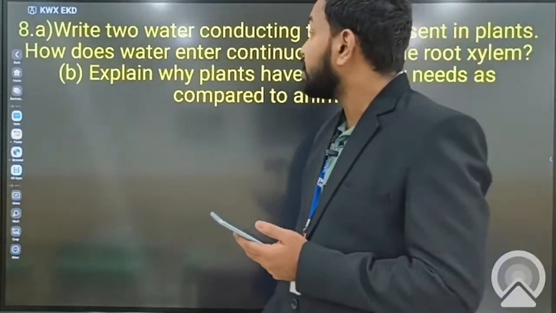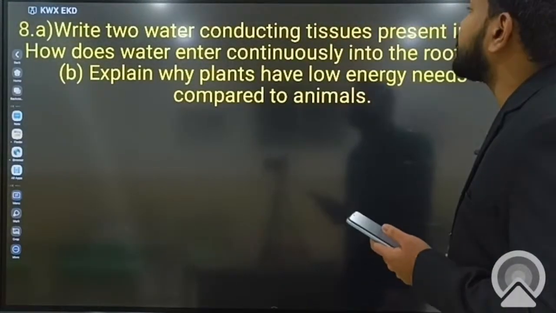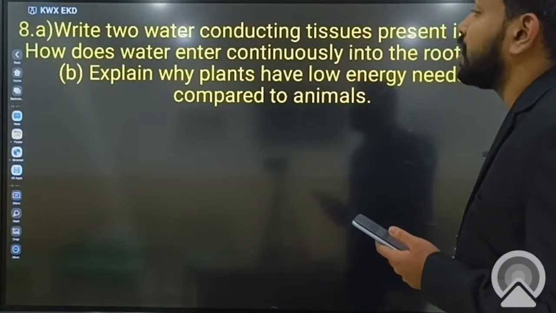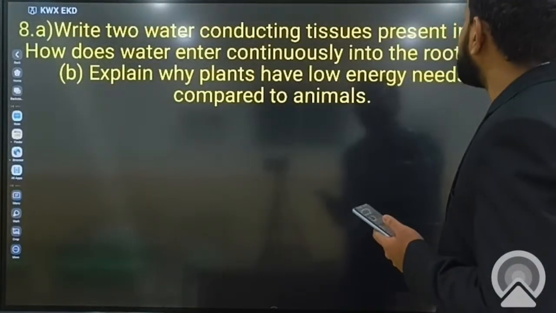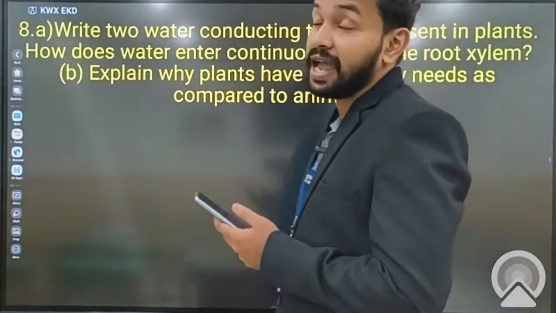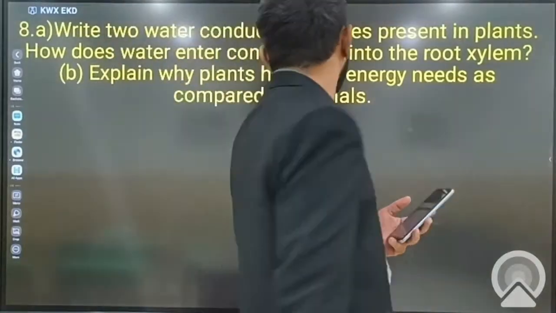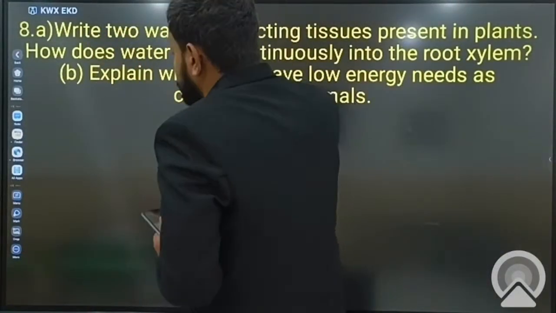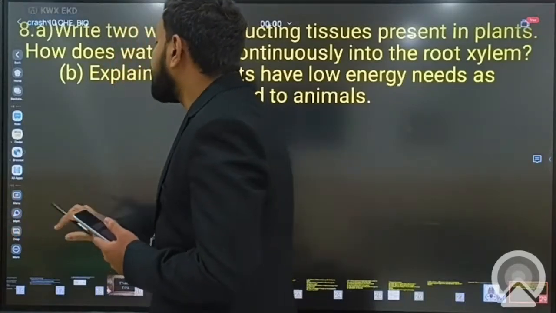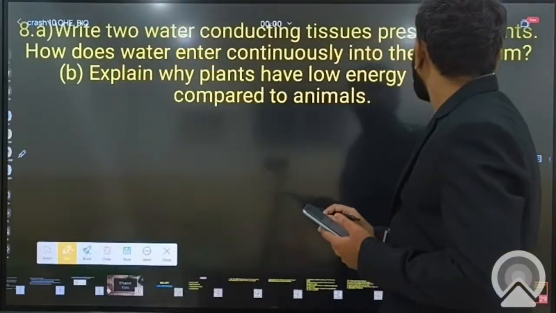The eighth question. What two water conducting tissues are present in plants? How does water enter continuously into the root xylem? First question was, write the two water conducting tissues present in plants.